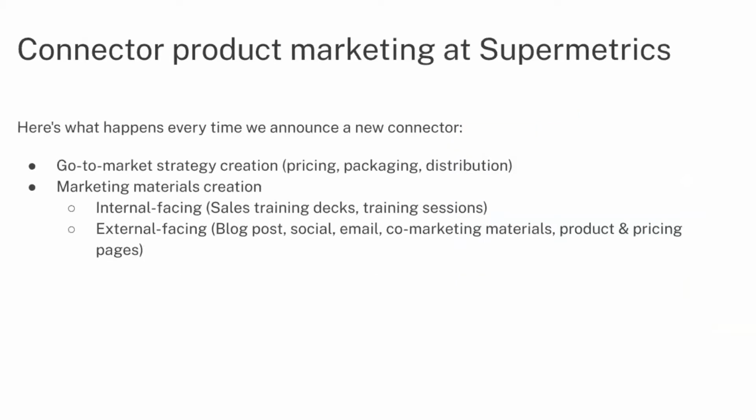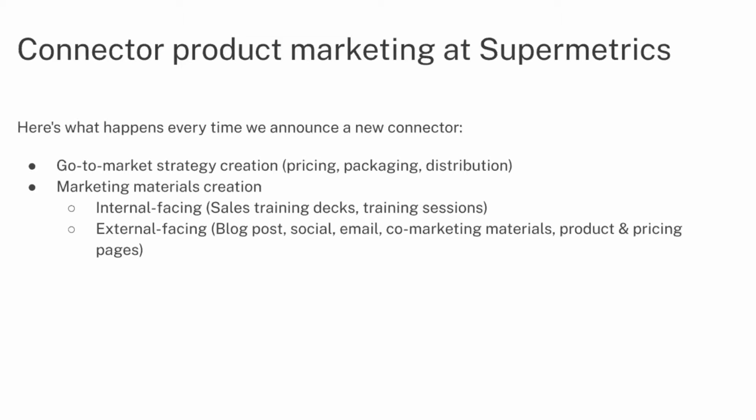So, Connect for product marketing at Supermetrics. What does it cover? First of all, there is the go-to-market strategy part, which includes pricing, packaging, distribution, and many other things, but primarily these 3 options. We have marketing materials creation as a second step after this go-to-market strategy. These materials are both internal facing, such as sales training decks and training sessions, and external or customer facing, such as blog posts, social, email, co-marketing materials, and product and pricing pages.